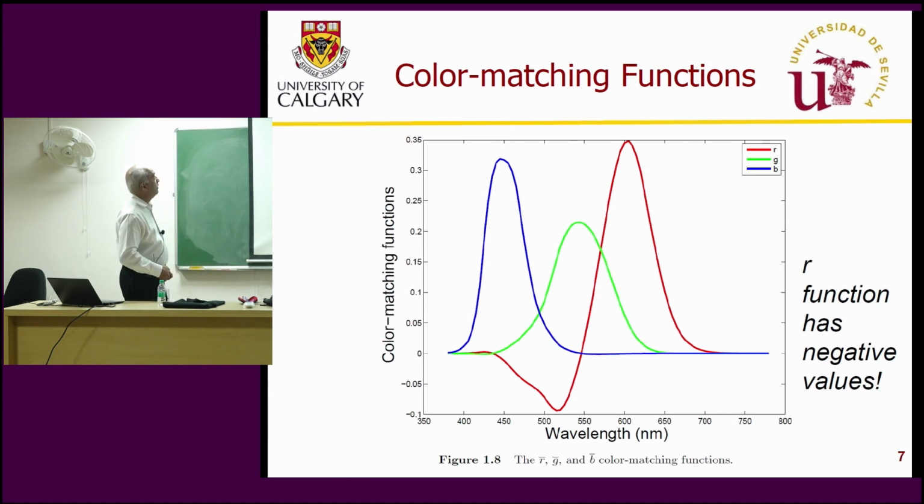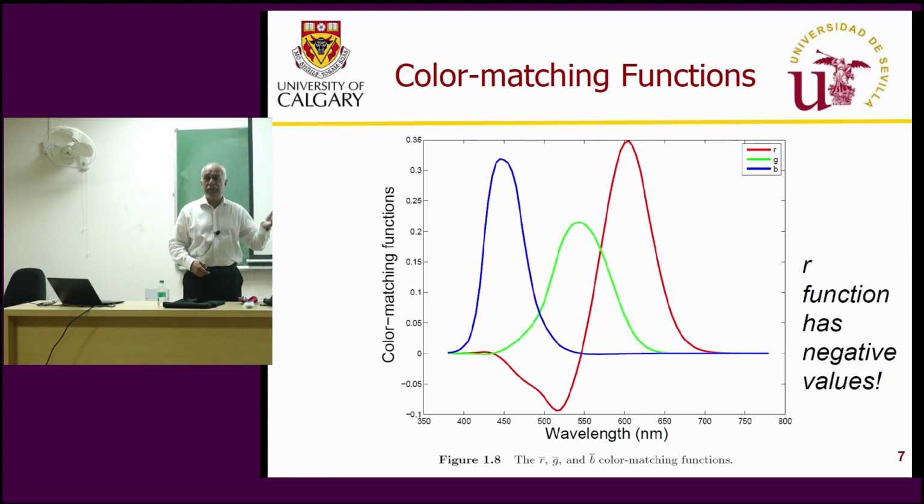So here we have what are called color matching functions. Given an arbitrary color, can you represent that in terms of coordinates in some space, like using basis functions? We have seen wavelets, Fourier transforms. Here we have color matching functions defined in the wavelength spectral domain. Wavelength, or take the inverse, you get frequency.